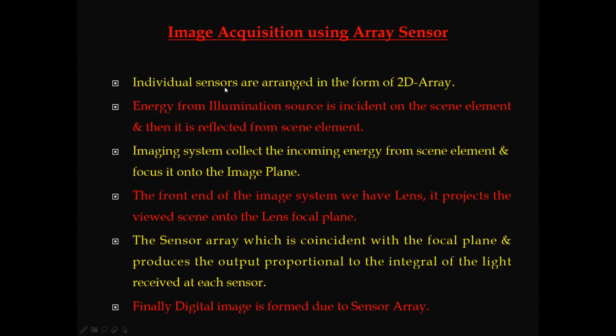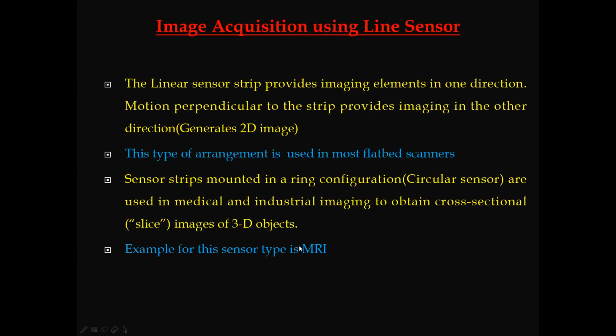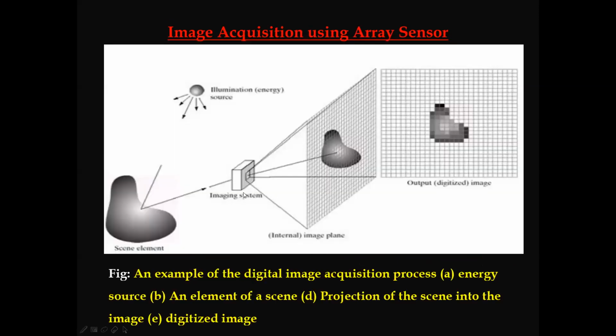In order to understand, individual sensors are arranged in the form of 2D arrays. Energy from the illumination source is incident on the scene element, and then it is reflected from the scene element. The imaging system collects the incoming energy from the scene element and focuses it on the image plane. This is the image plane.